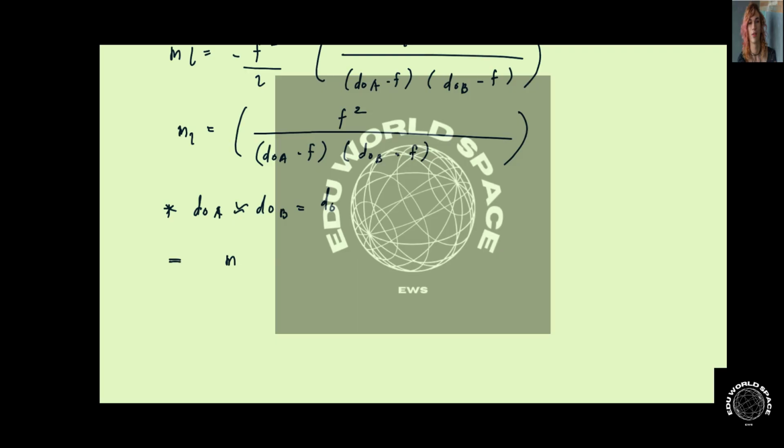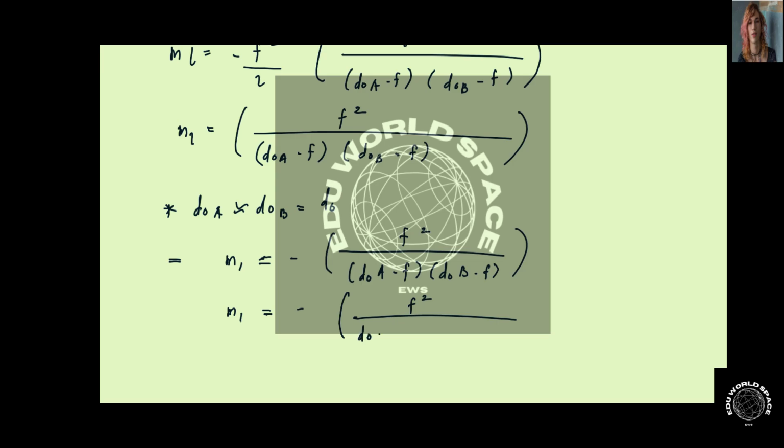So we can write ML, which is equal to negative F raised to the power of 2 divided by DOA minus F, DOB minus F, or negative F raised to the power of 2 divided by DO minus F times DO minus F. So ML will be equal to negative F raised to the power of 2 divided by DO minus F raised to the power of 2.